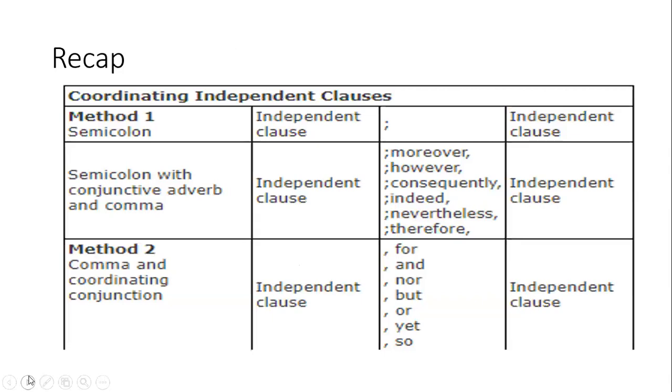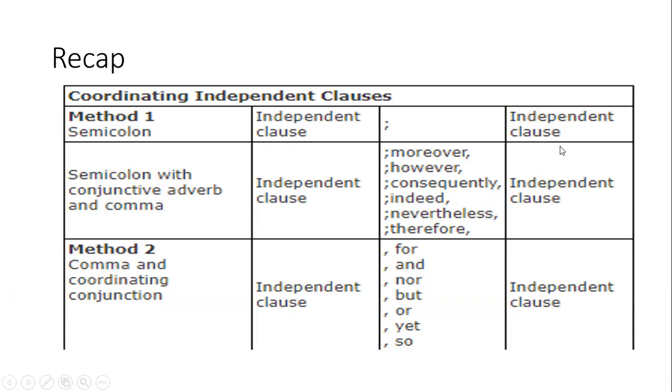Quick recap. If you want, take a screenshot, because maybe you'll be practicing right away. I might delay in sending the questions, but for practice's sake: coordinating independent clauses, how do they look? Rule number one, or method one, is you find an IC, semicolon, IC.